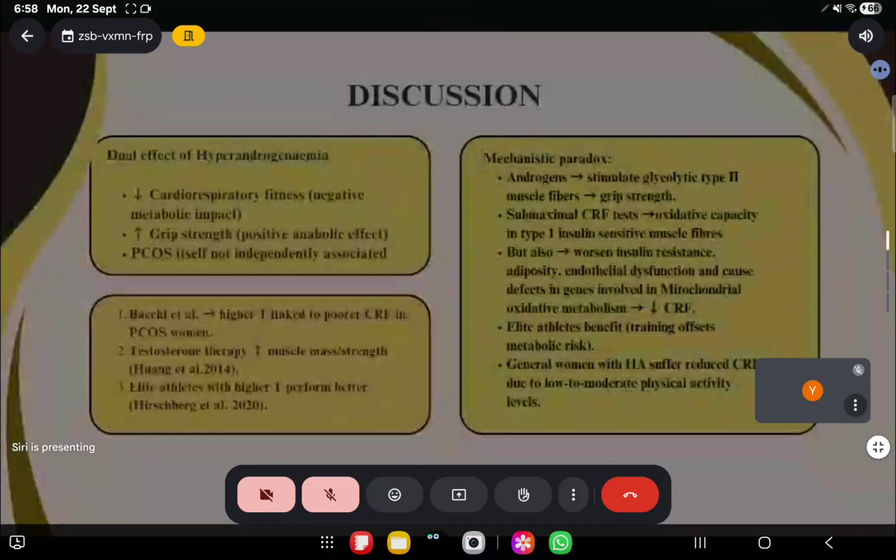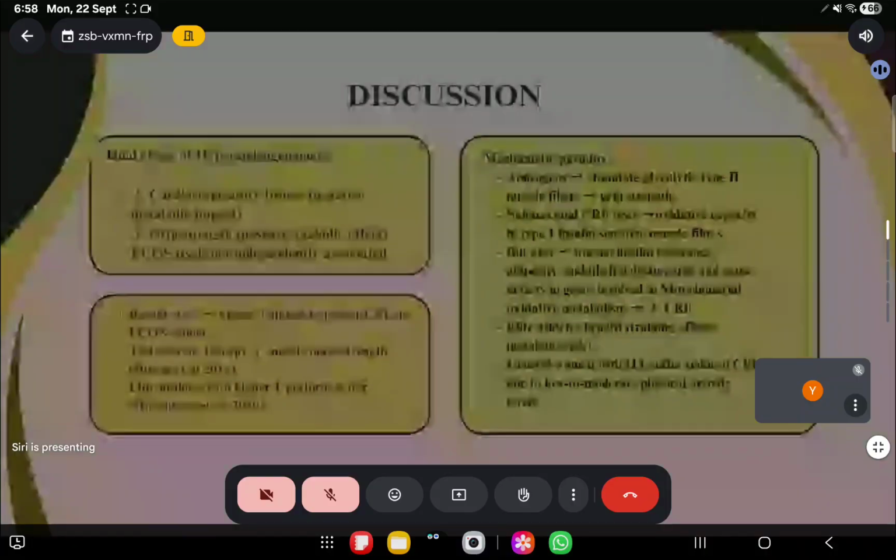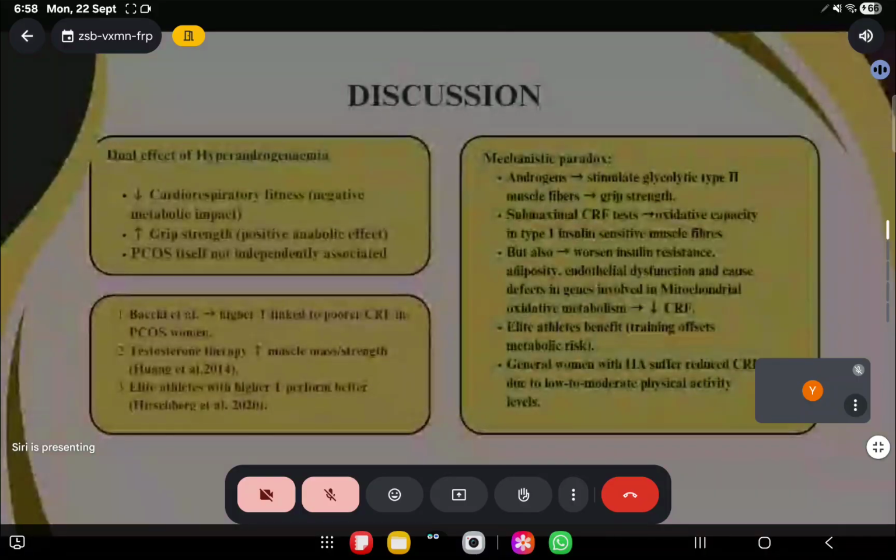So what do we see? Now, hyperandrogenemia seems to have a dual effect, right? It worsens the cardiorespiratory fitness, and cardiorespiratory fitness is a critical predictor of cardiovascular and metabolic health. At the same time, we also saw that androgens improved the grip strength, reflecting the anabolic action of androgens.